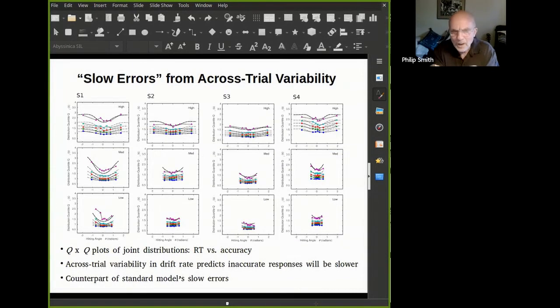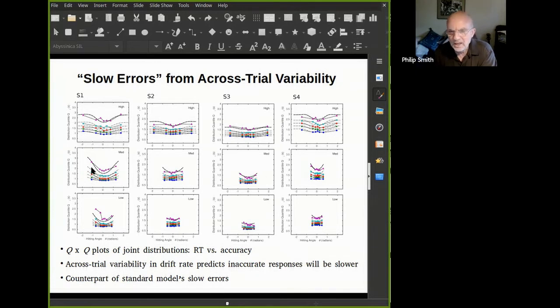An analogous situation, I think, applies with continuous outcome tasks, where the interesting information is contained in the joint distributions of response time and decision outcomes, which I'm showing here in the form of a QQ plot, or a Q times Q plot, where on the x-axis, we're plotting quantiles of the distribution of decision outcomes, and on the y-axis, we're plotting quantiles of the distribution of decision times.